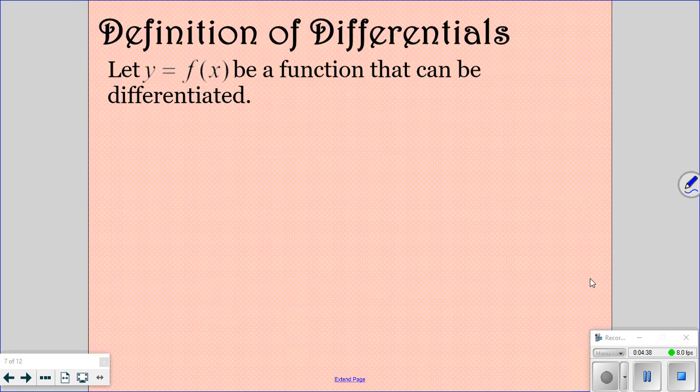So we're going to say y equals f of x, and it's a function that can be differentiated. So we're looking at what is the definition of a differential. Differentiated, differential, those are terms that are used not interchangeably, but they're different endings for the same type of word.